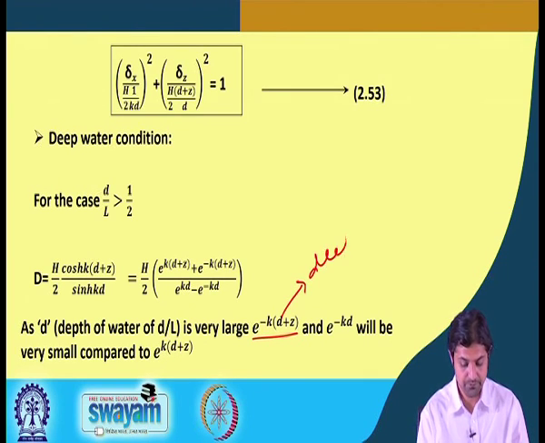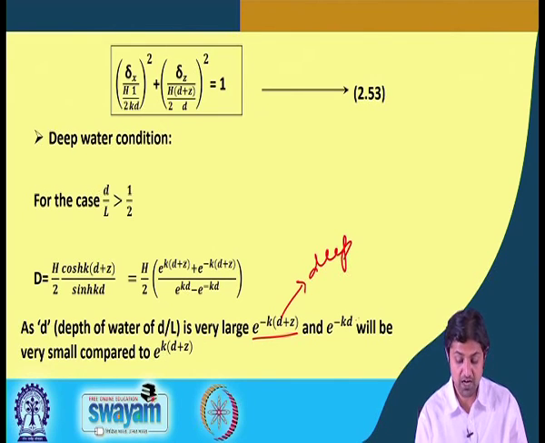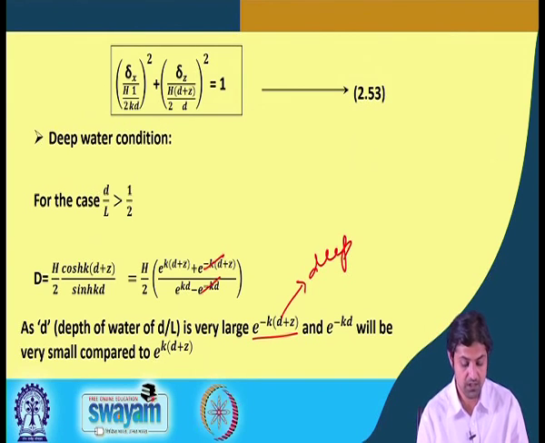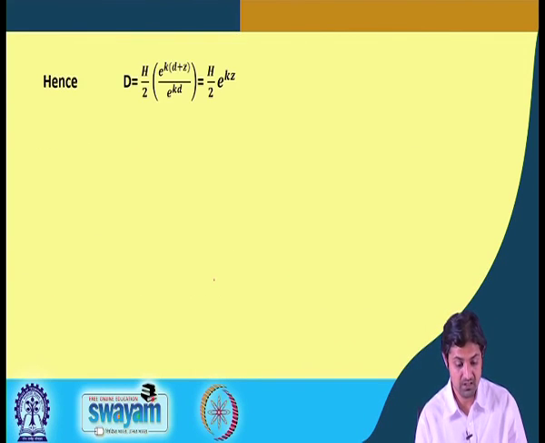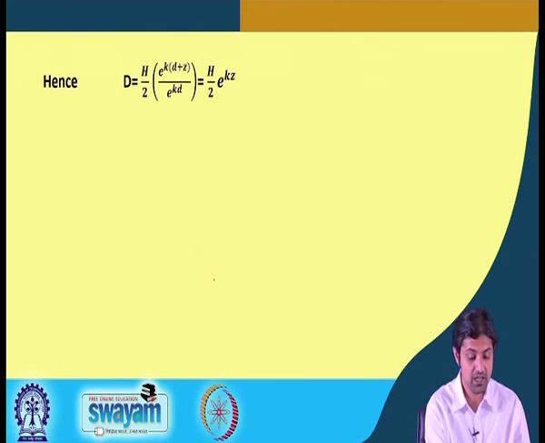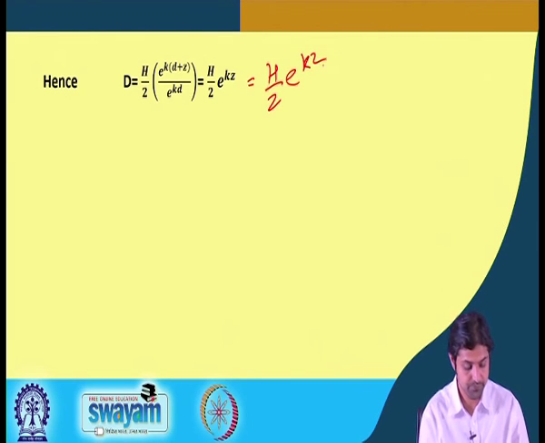So, with the minus sign they will be very small compared to e to the power k(d+z). So, this can be taken away, and therefore we can write H by 2 e to the power k(d+z) divided by e to the power kd, and simply H by 2 e to the power kz.